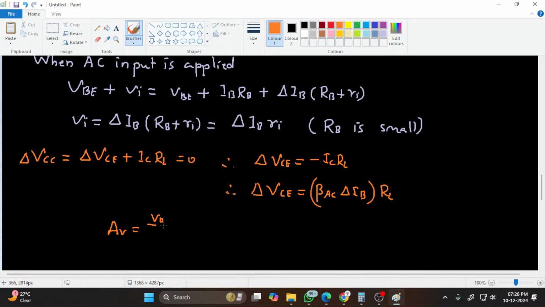So we write it as VO upon VI, both are AC, and that is delta VCE upon RI into delta IB. And if you put the value of delta VCE there, then it is beta AC delta IB into RL upon RI into delta IB.